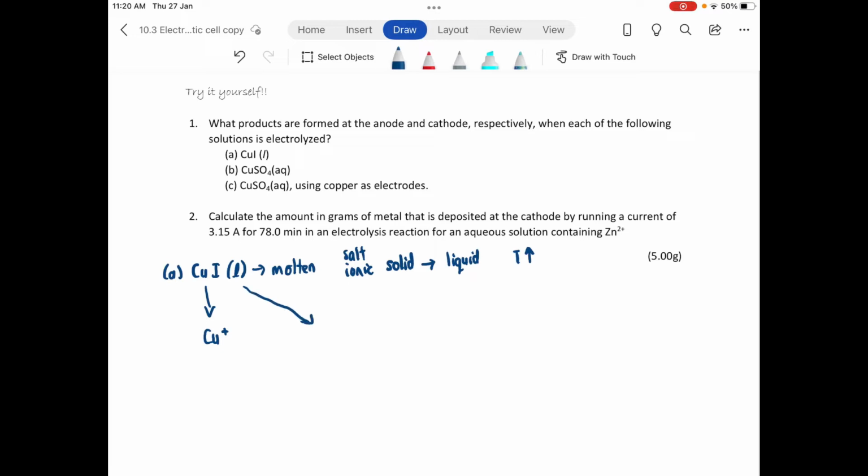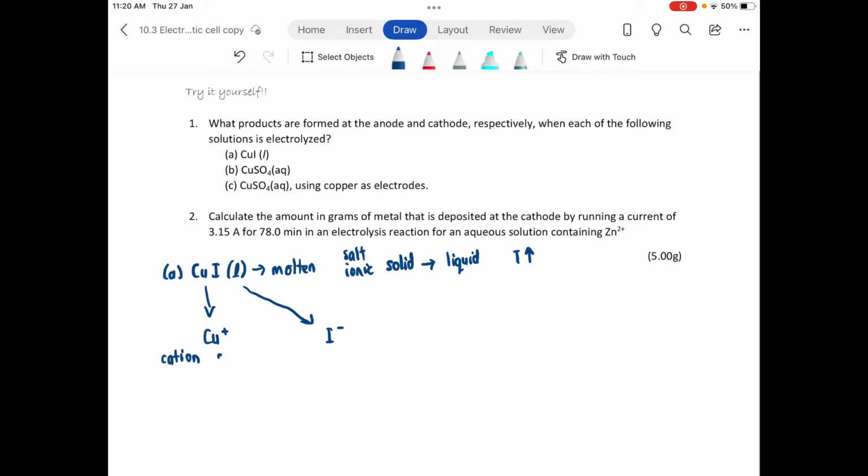Iodine I minus. Copper plus bukan copper 2 plus. Sebab kita tengok dia copper iodide. Dia bukan CuI2. Kalau CuI2 baru copper 2 plus. Ni sekarang copper plus. So copper plus ni is a cation. Positively charged ion is a cation.